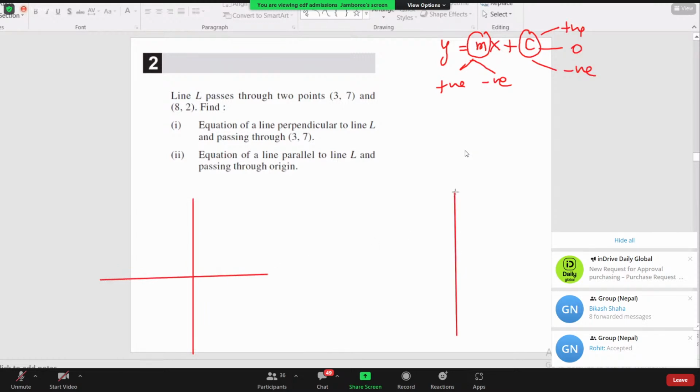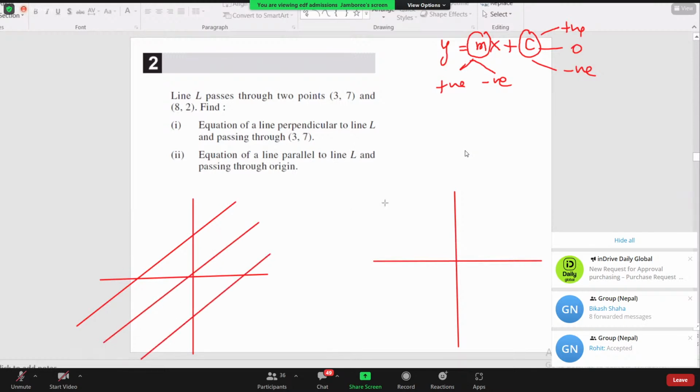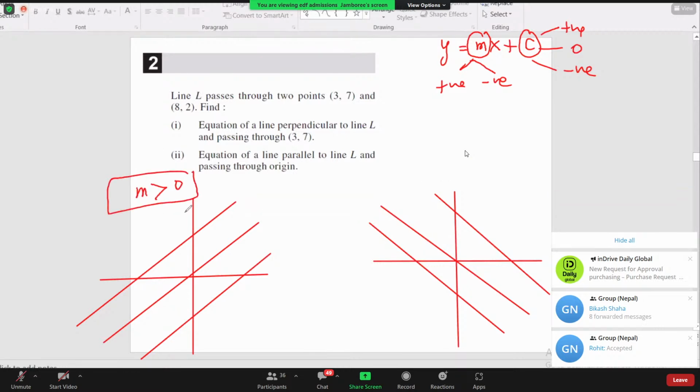So let me first plot them and then I'll explain how exactly it works. If I generalize the slope of the line to be positive, then there will be 3 different lines which can be formed here on this graph.